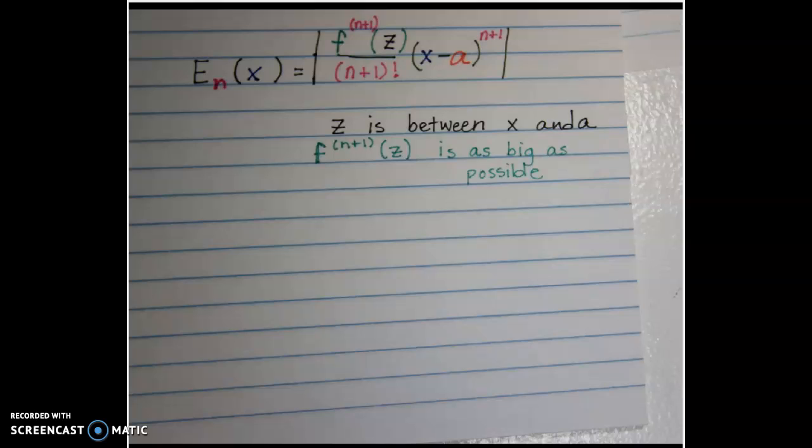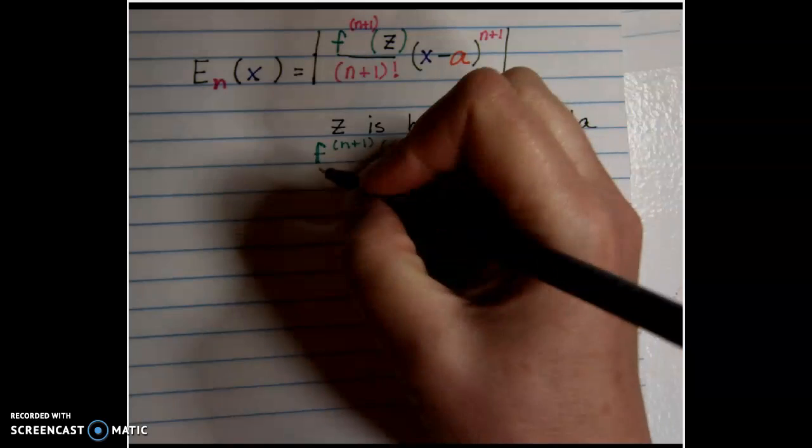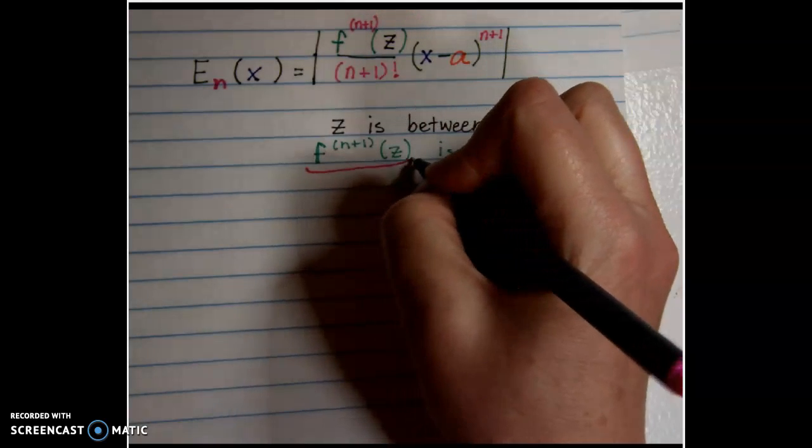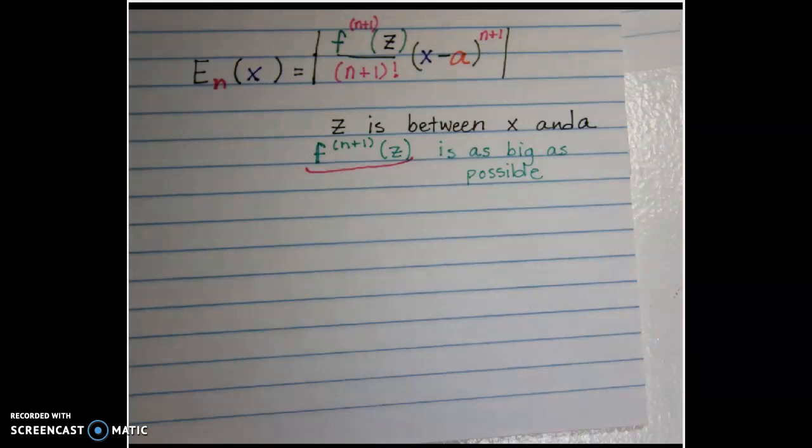As you're choosing z, first of all, it doesn't really matter what z is. We don't really care what z is. We care what the derivative evaluated at z is. So sometimes we never really know what z is.